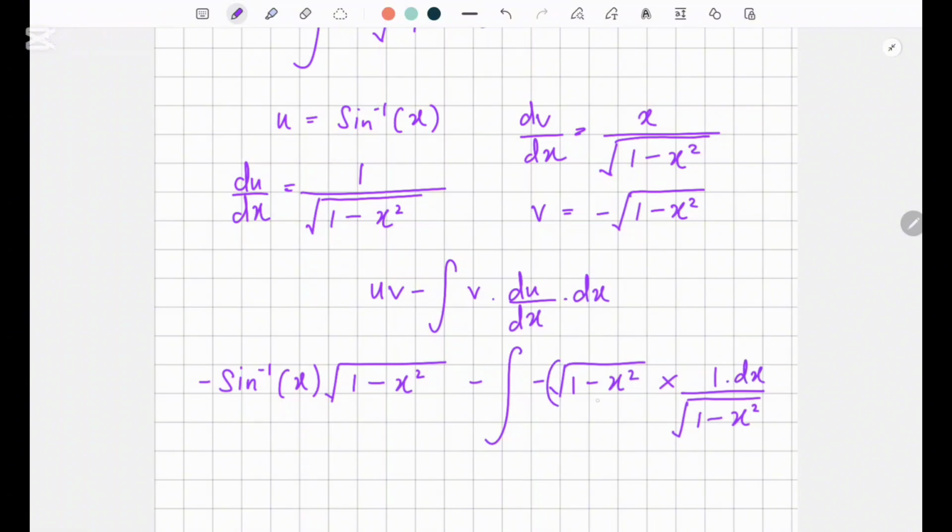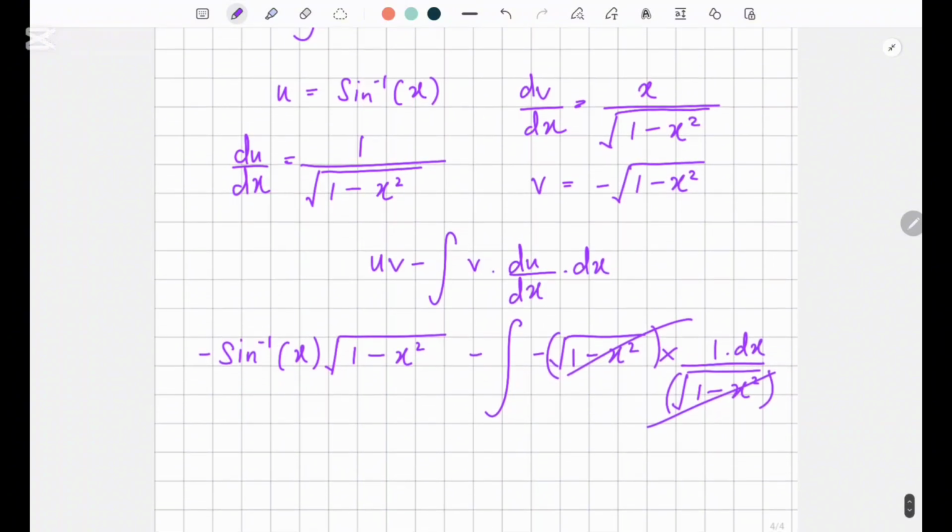So you can see these two will cancel off and you get plus 1. So you have minus sine inverse x root 1 minus x squared plus the integration of 1, which is x, plus c. Now we'll have to put all our answers together.